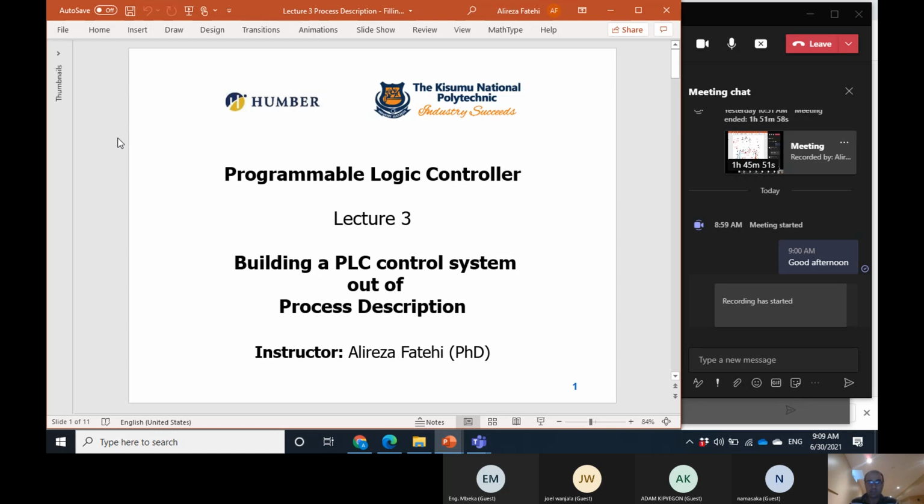hardwire control circuit. Yes, if you're going to replace the control system of an old plant, this happens from time to time, that there's an old plant with a hardwire control system and you're going to replace that. In that case, we have that hardwire. But most probably we have the process description.